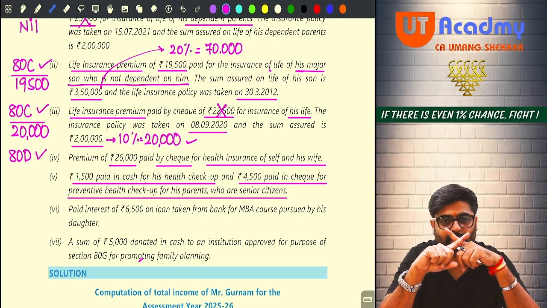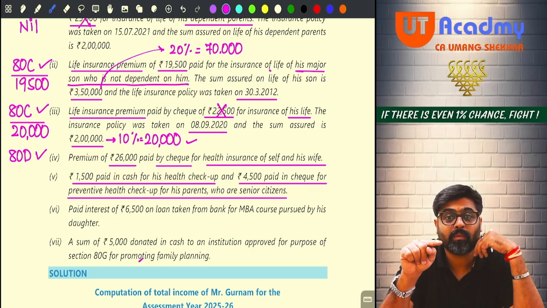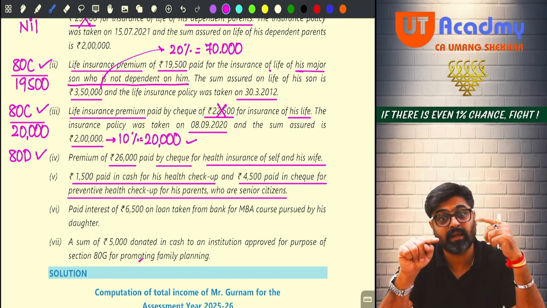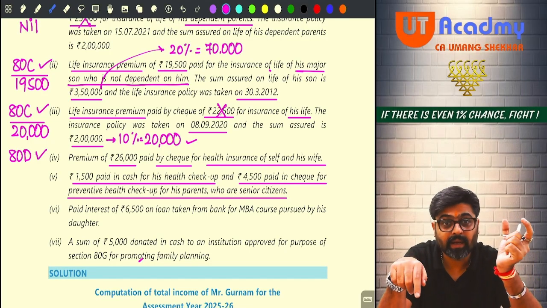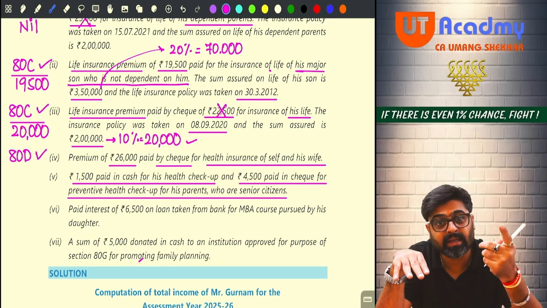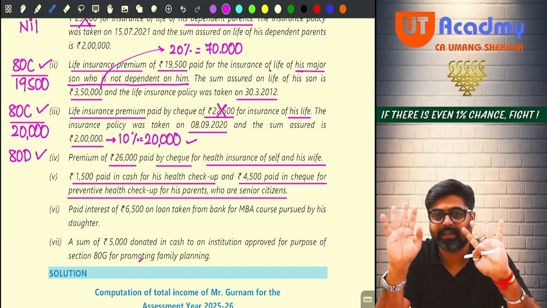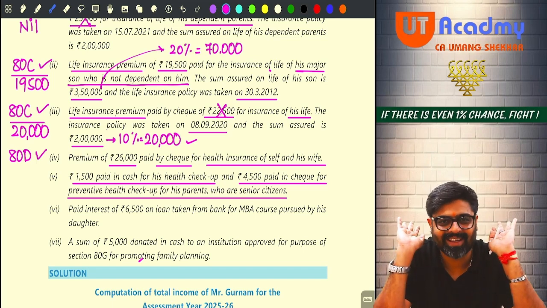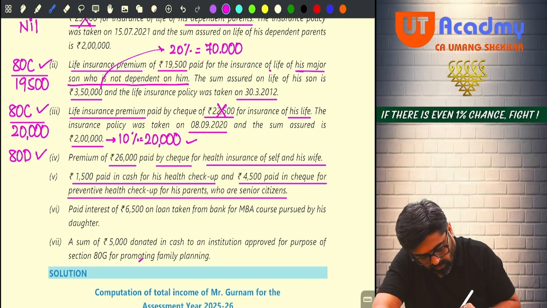50? Wrong. 25. Because if medical insurance premium of the senior citizen parent is paid, then 50. Medical expense of a senior citizen for whom no medical claim is there, then take the limit 50. Otherwise, no need to take the limit of 50. So what will you do here? This will also qualify for 80D.